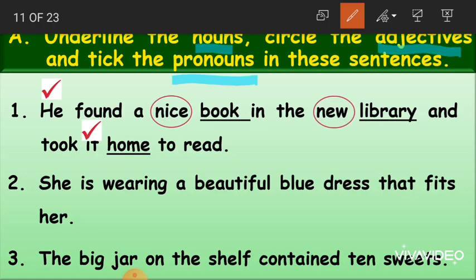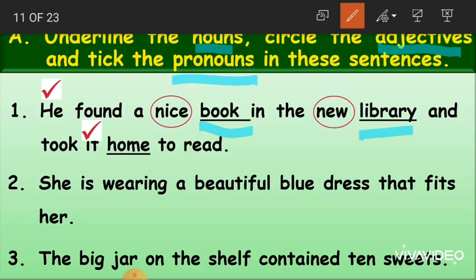The nouns here are the underlined words, book and library. What book is it? It was a nice book. How was the library? It was a new library. So these two words are describing the nouns. That is why nice and new both become adjectives. Understood, children? Okay, now we'll do the second one.